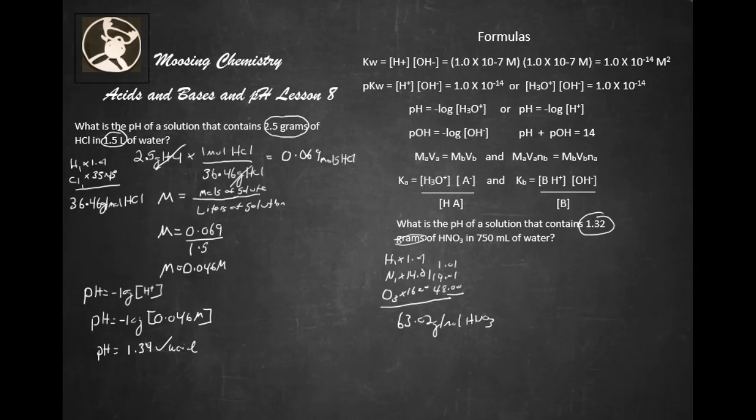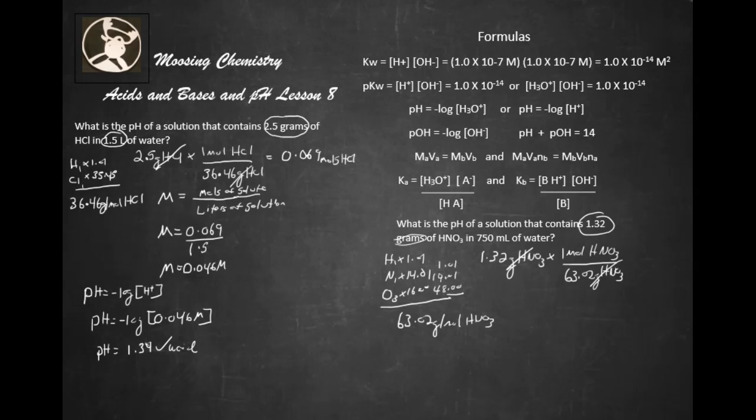We have 1.32 grams of HNO3 times 1 mole of HNO3 over 63.02 grams of HNO3.